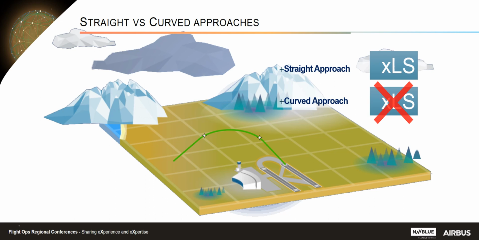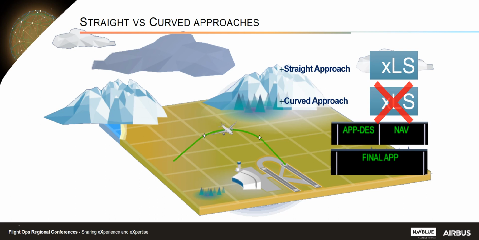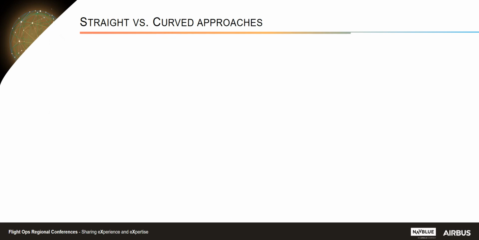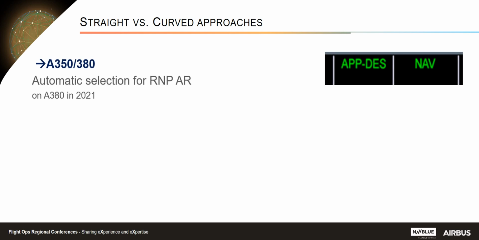We need a specific mode, which is the well-known FINAL APP mode, or a similar improved mode, APP DES NAV, on A350. On A350, a specific design has been introduced, the APP DES NAV mode, which is automatically and exclusively proposed when an approach coded as an RNP AR is selected.